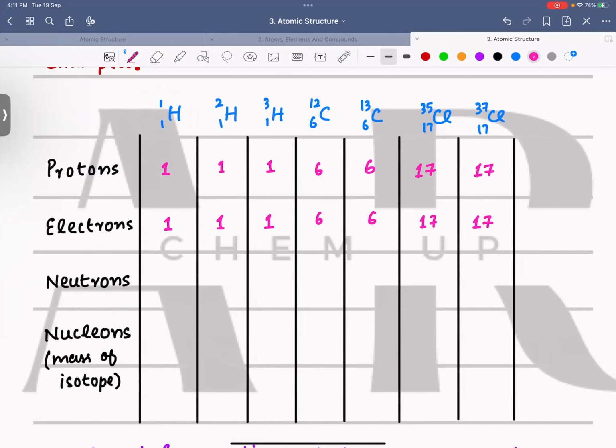Now next we have neutrons. Manahil, can you tell me how we will find the number of neutrons?